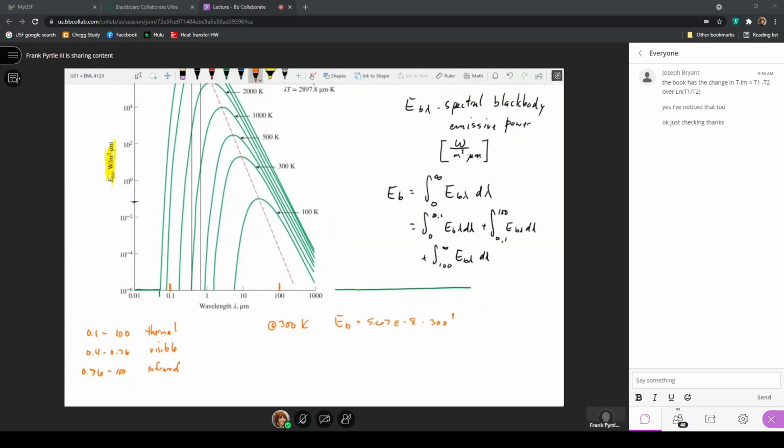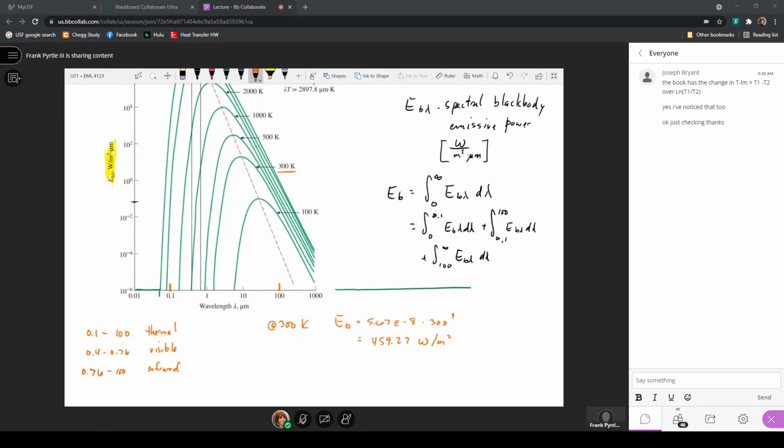That's how we would calculate the black body emissive power. 5.67 times 10 to the minus 8 times 300 to the fourth power is a heat flux of 459.27 watts per meter squared. So that will be the flux when that black body surface is at 300 Kelvin.